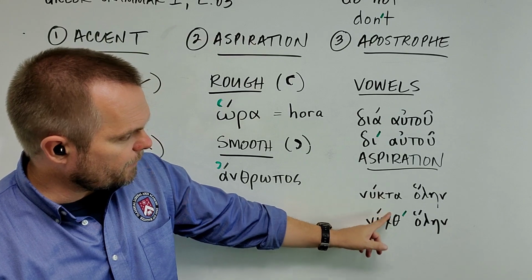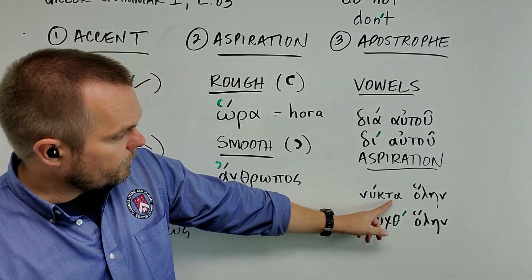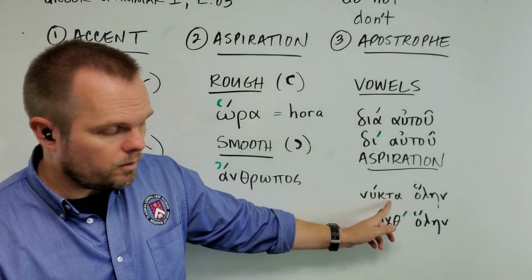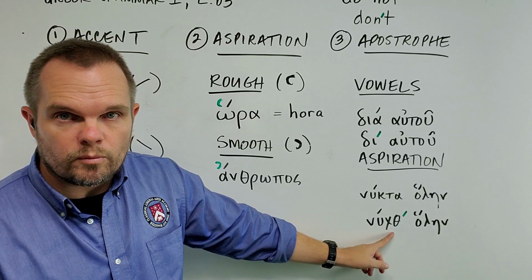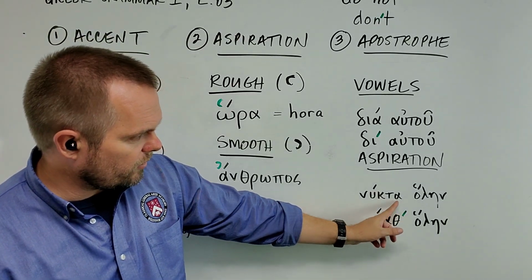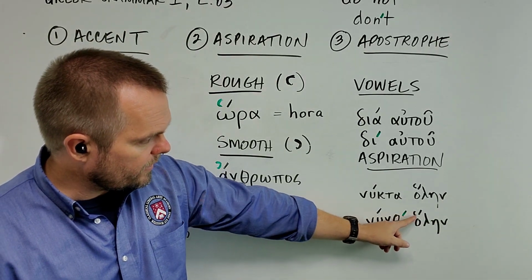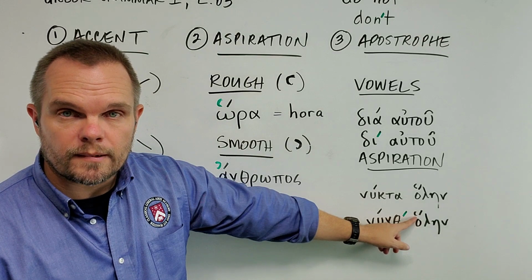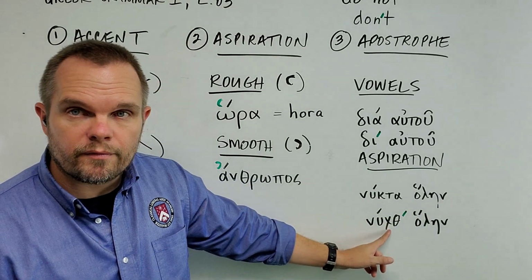So we change kappa to chi with aspiration, and we change tau to theta, with aspiration. We add the apostrophe to show that we've dropped the alpha, and then we can pronounce this aspiration here that begins the second word as part of this first word.